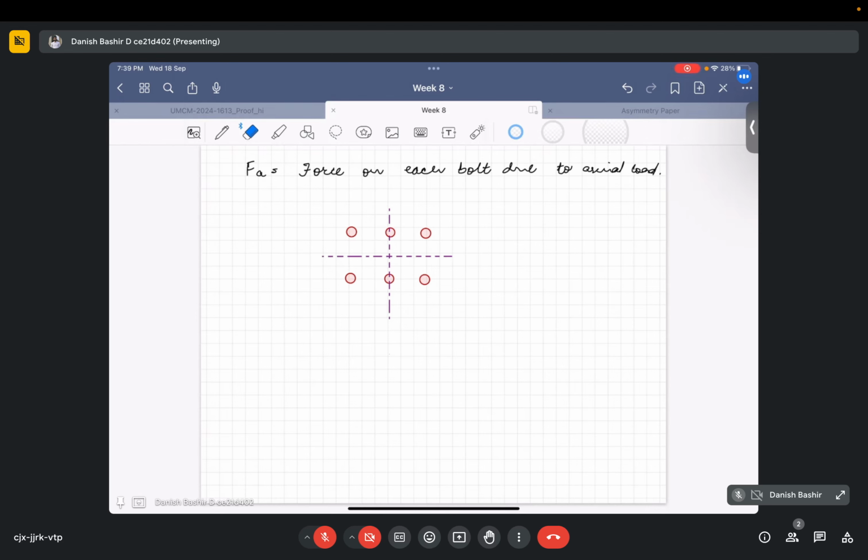There will be one more force on these bolts, that is Fm. What is this? This is the shear due to moment on each bolt.